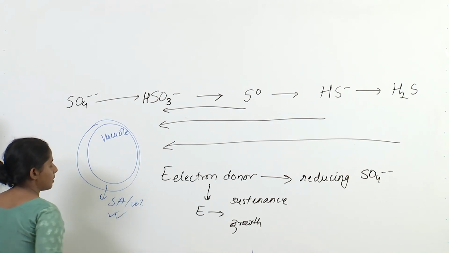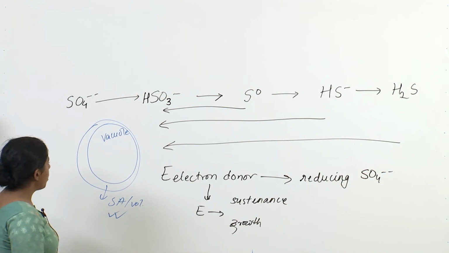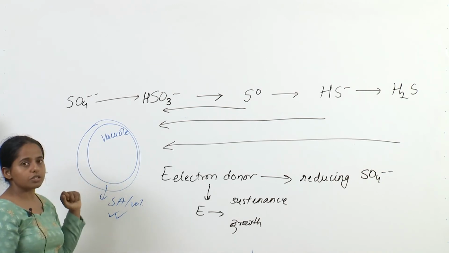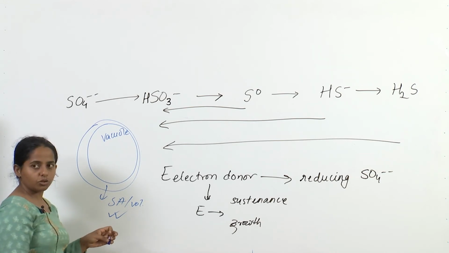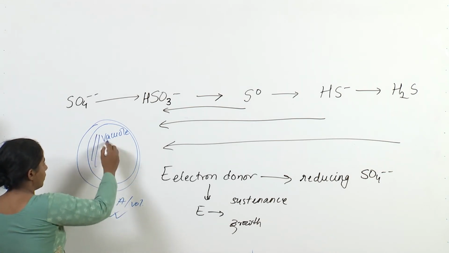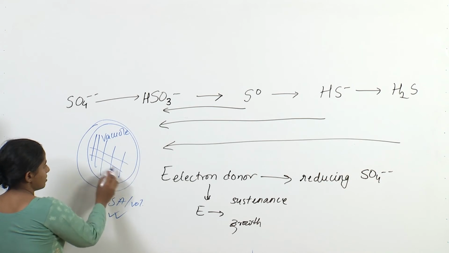From an evolutionary perspective, it's still fit, and this vacuole is where it stores its sulfur, because it has to oxidize sulfide, so it stores its electron donors here.